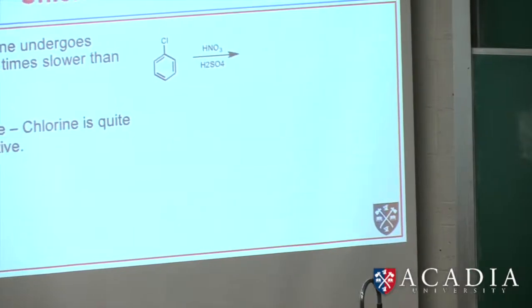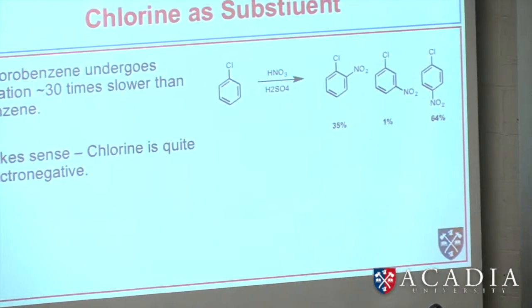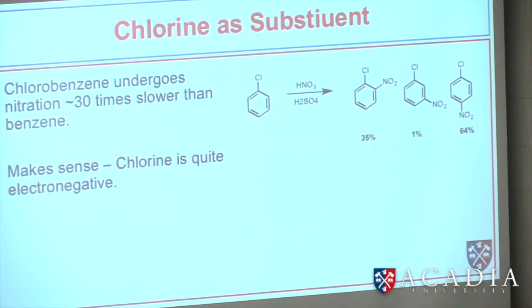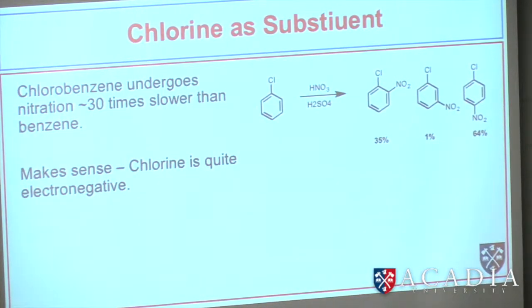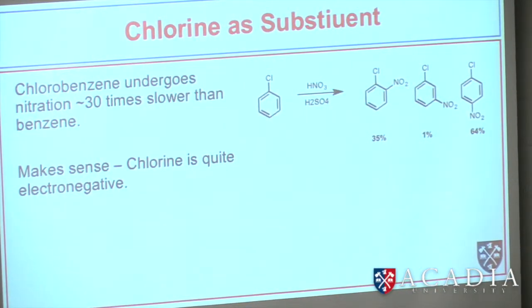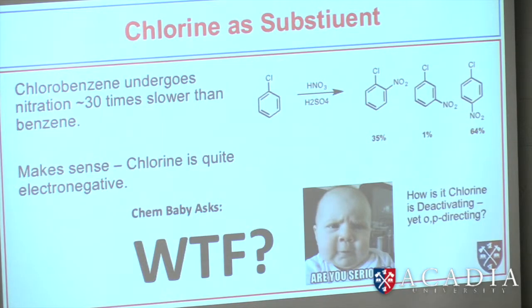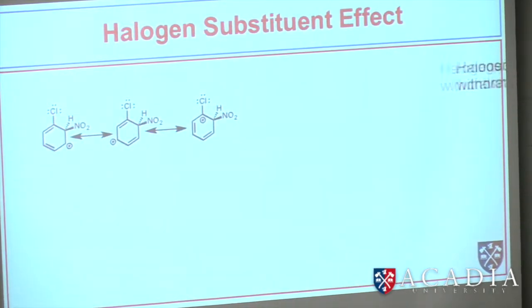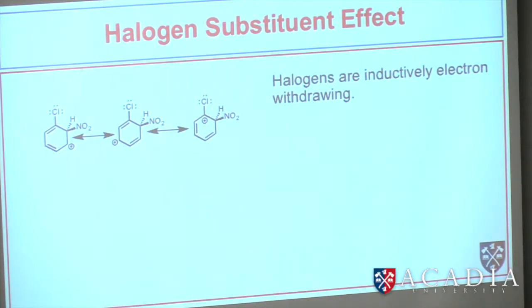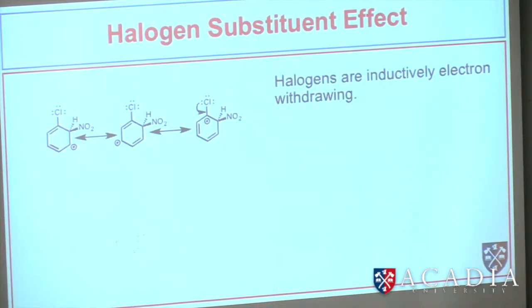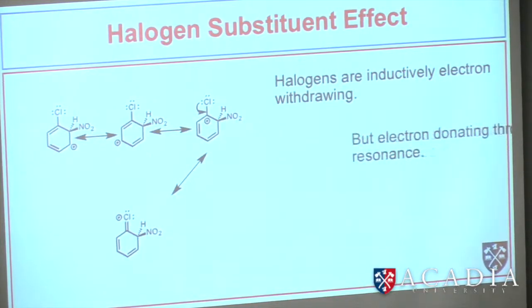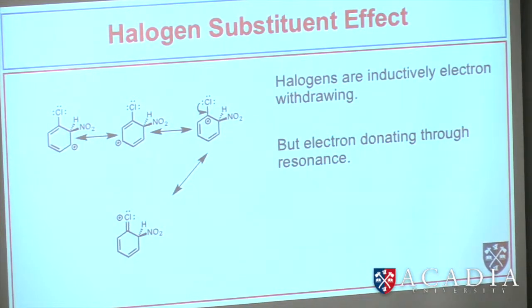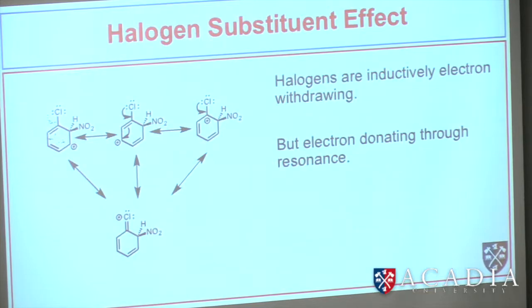Then we took a look at chlorine, and we found out that chlorine is electron withdrawing and is still an ortho-para director. So what's going on here? We talked about how halogens are inductively electron withdrawing, but through resonance they are electron donating.